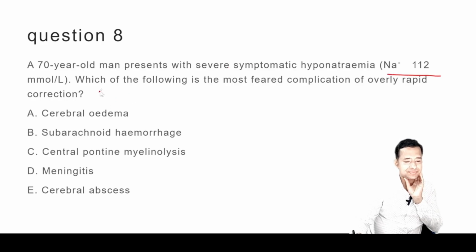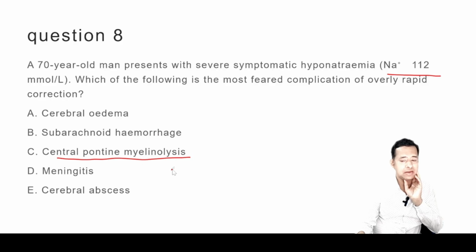Question 8 is very easy because sodium is 112. Which of the following is the most feared complication of overly rapid correction? Ultimately your answer is central pontine myelinosis. Rapid correction we should not do.